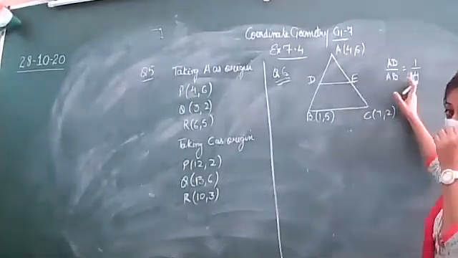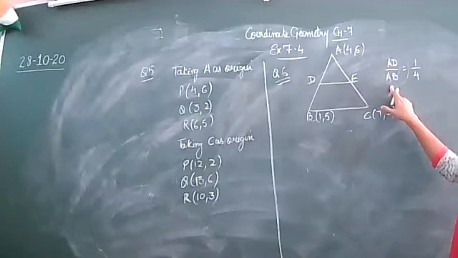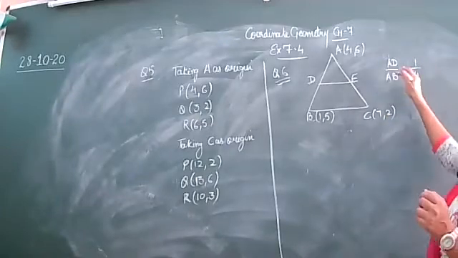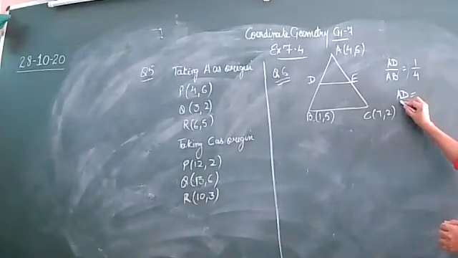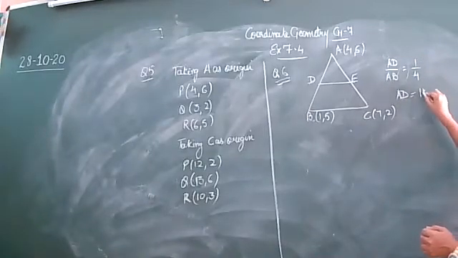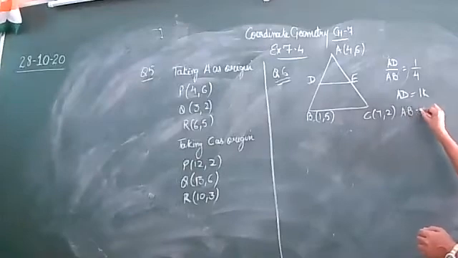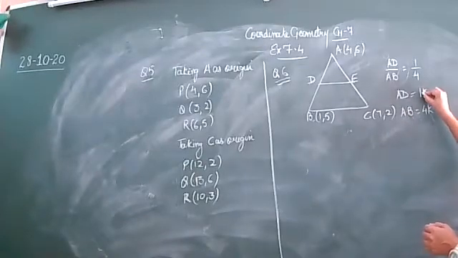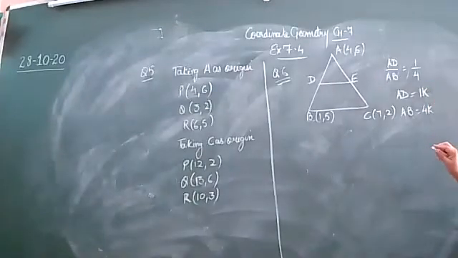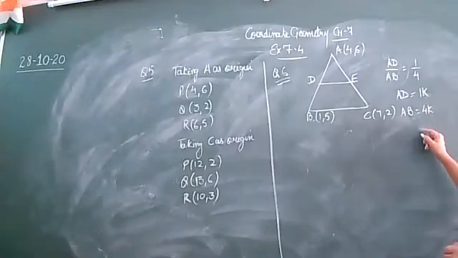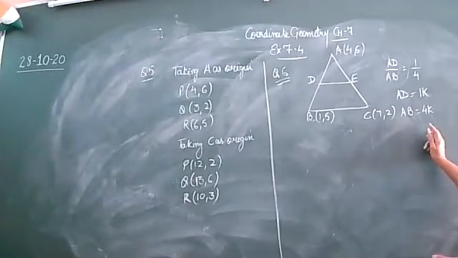In a similar manner, you are given AD upon AB as 1 by 4. We are removing the ratio, so I'm writing AD as 1K and AB as 4K. Is it okay? After removing the ratio, I have written them with the variable K. If you want to use x, you can.